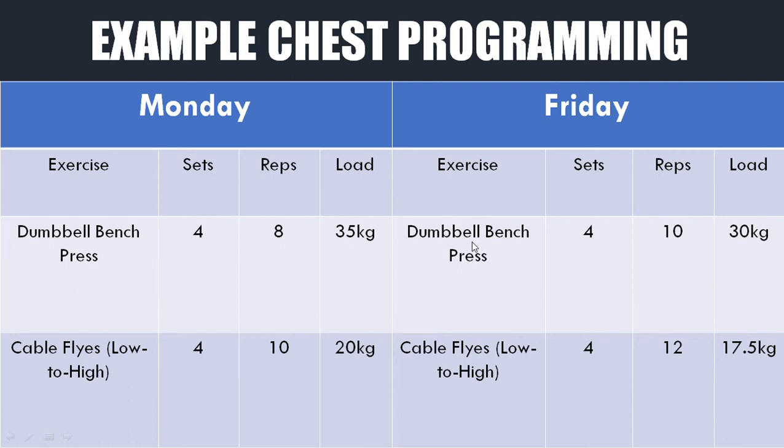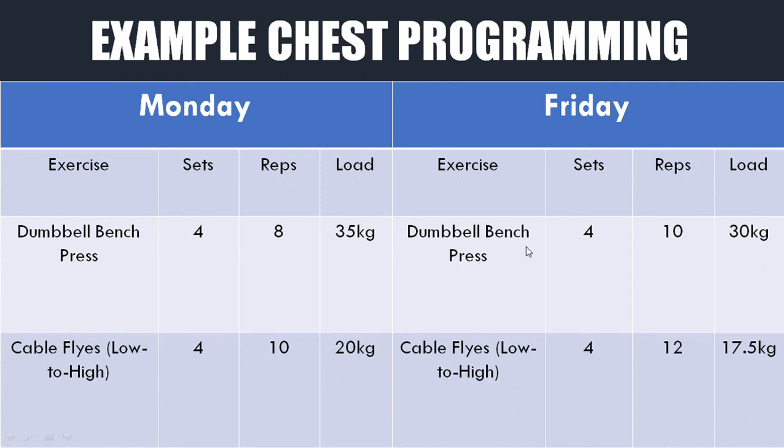And then on Friday we might do exactly the same exercises, except here we're going to undulate the reps and the load, so the volume and the load. We're going to have higher volumes, so 4 sets of 10 instead of 4 sets of 8, but because we have the higher volumes, we're going to drop the intensity a bit. So it's going to be a similar effort, rate of perceived exertion.